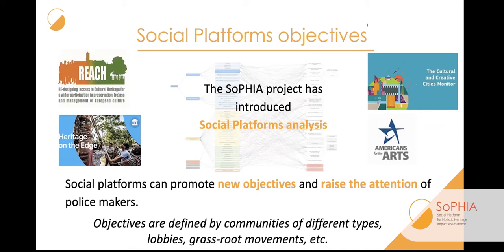They are defined by communities or different types of lobbies, which can be political, grassroots movements, or private or organization-based. So of course they offer community-based perspectives, which of course is not enough.